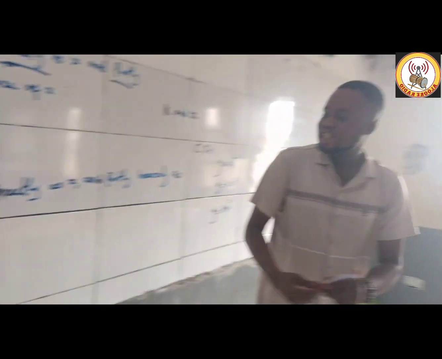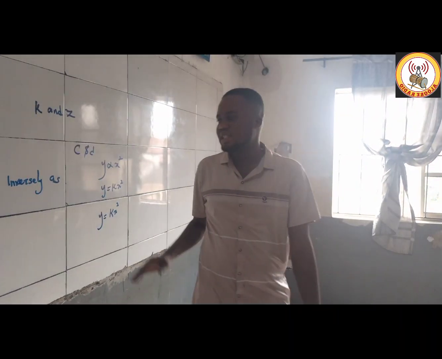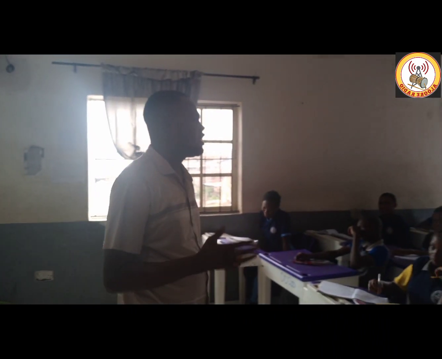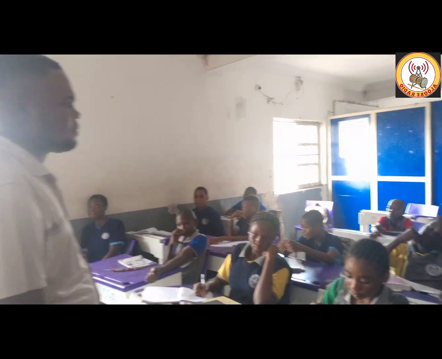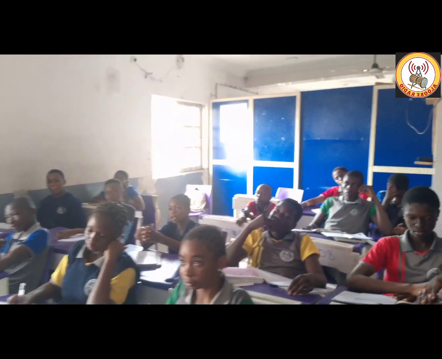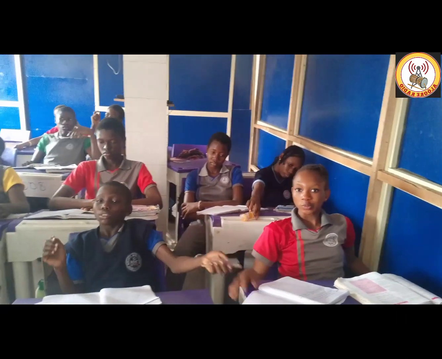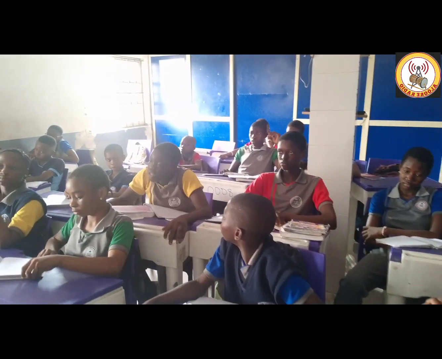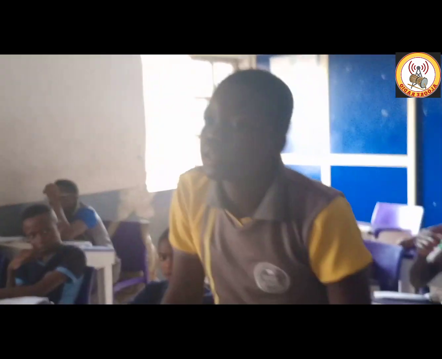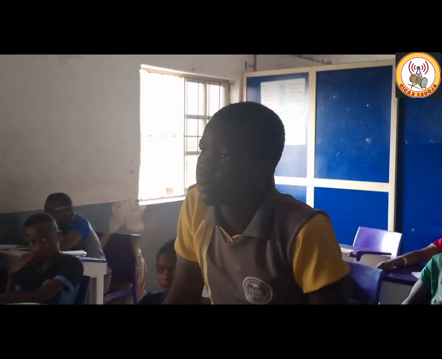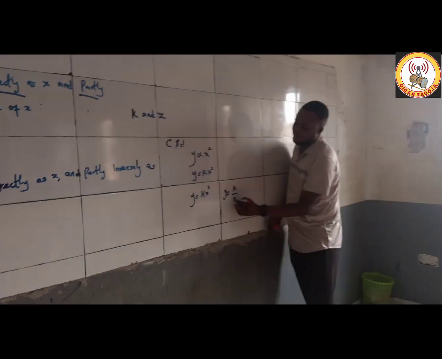Plus. Now the second one is talking about inverse, right? If they say y is inversely proportional to the square of x, who can give me what that means? Y is inversely proportional, or varies inversely, as the square of x. For inverse, we have y equals K over x.